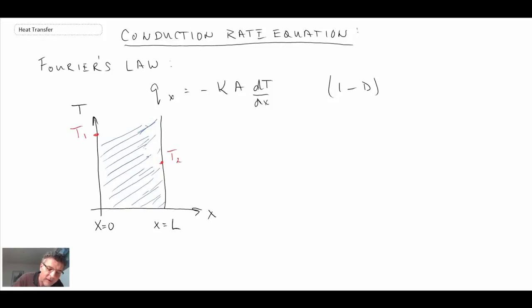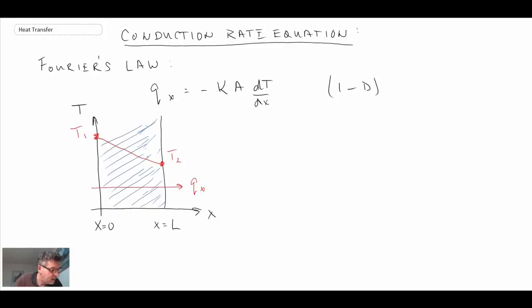And what we find is for one-dimensional conduction, oops, I didn't do a very good job of that, this should be a linear line, a straight line. So there we go, that's a straight line connecting x equals 0 to x equals L, T1 to T2. And then remember, the heat is going to flow from the hotter to the cooler, and consequently the heat transfer is going in this direction here.